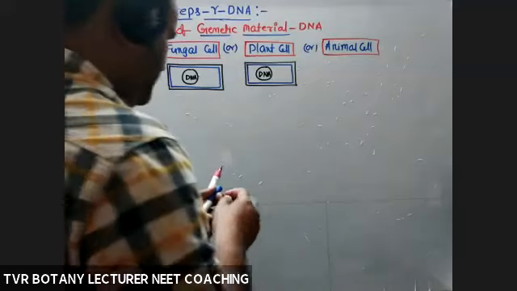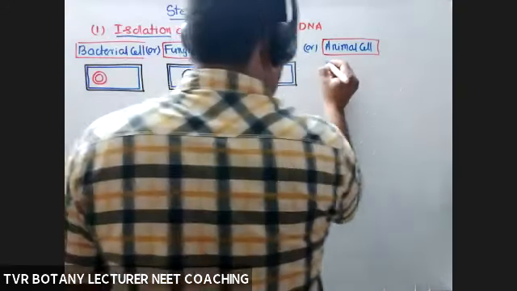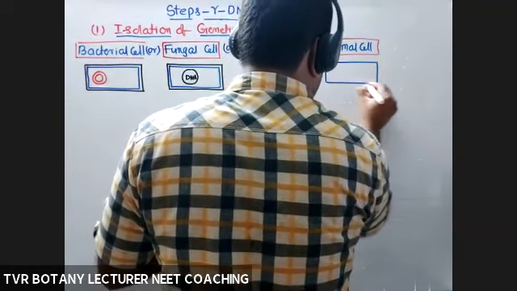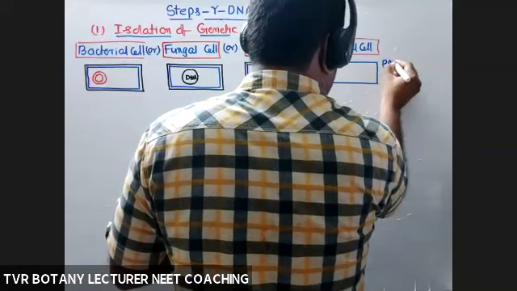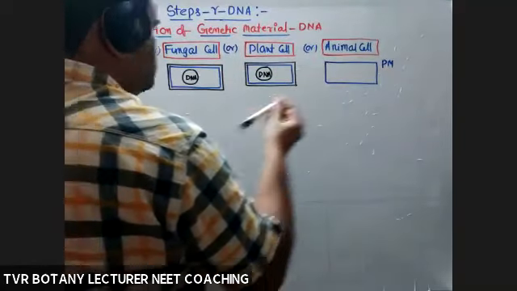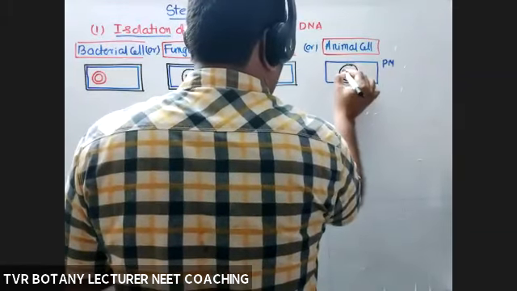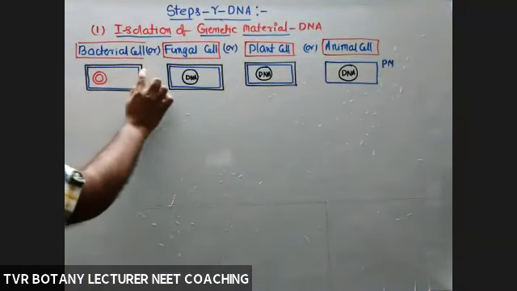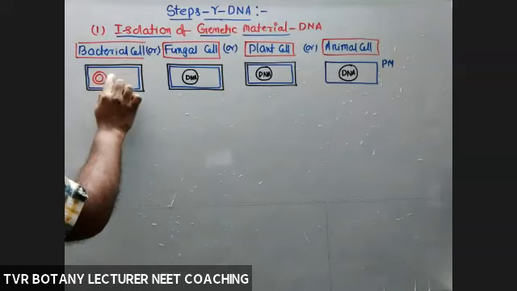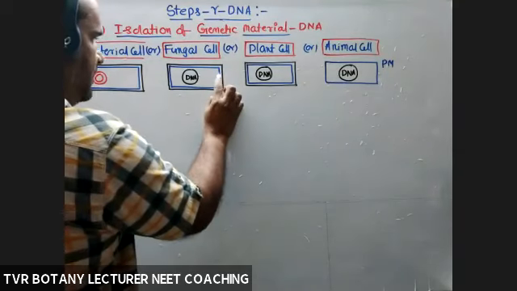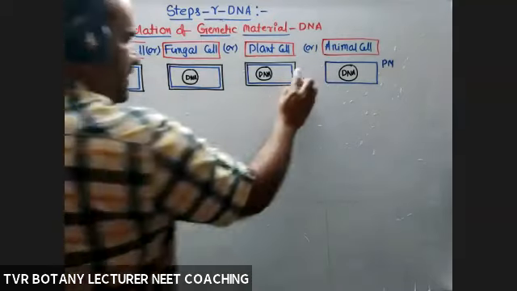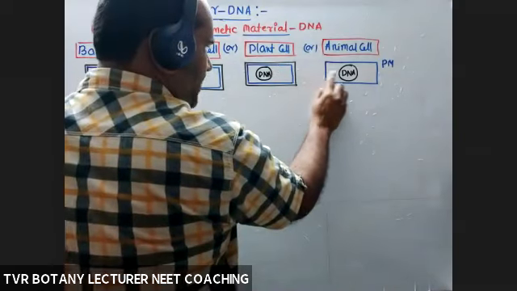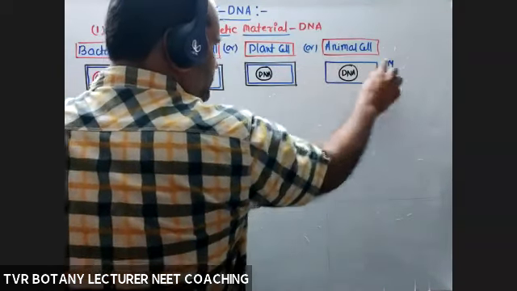Next, in the case of animal cells, take only plasma membrane, directly protoplast, plasma membrane, and a nucleus with DNA molecules. So here the boundaries cell wall, cell membrane, nuclear envelope are absent in one case. Cell wall, cell membrane, nuclear envelope. Cell wall, cell membrane, nuclear envelope. Here in the animal cell, cell membrane and nuclear envelope, no cell wall.